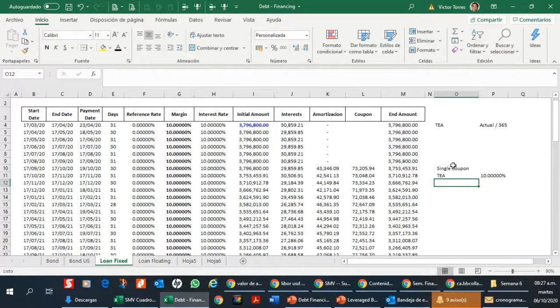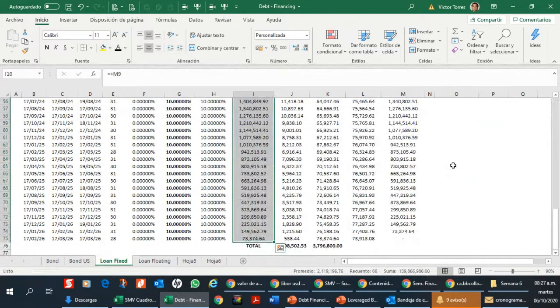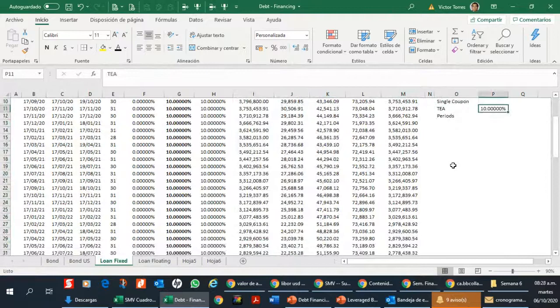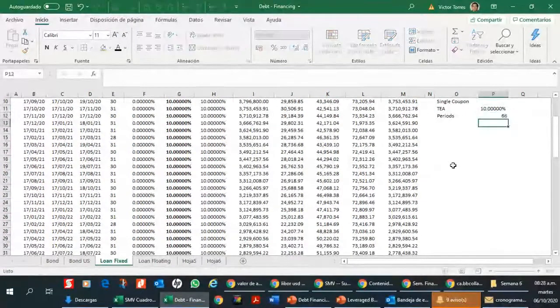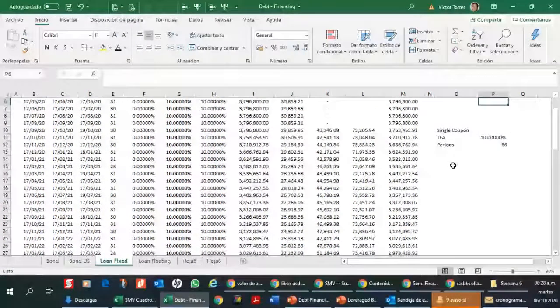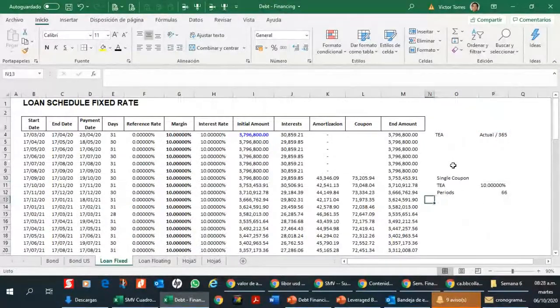and we're going to have some certain number of periods. In this particular case, you need to think of the periods after the grace period. So we are talking about 66 periods in general, and we are figuring out what is the annuity discount factor that is going to allow me to figure out the coupon here.